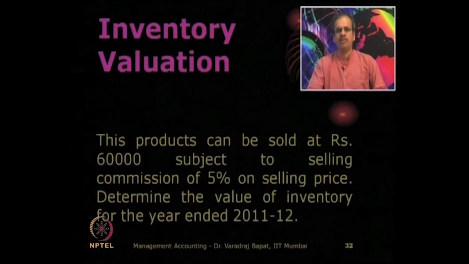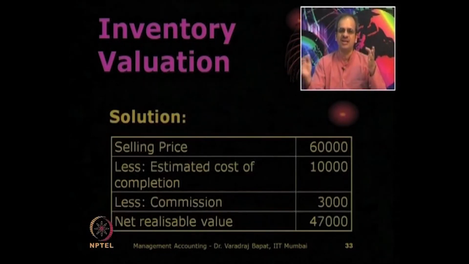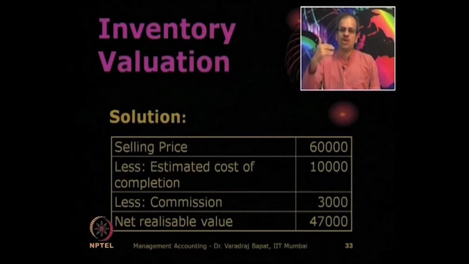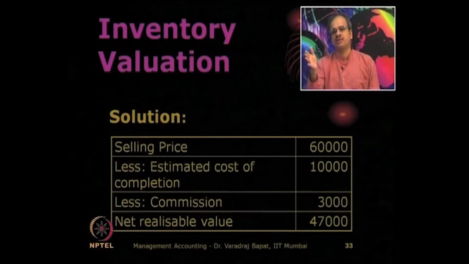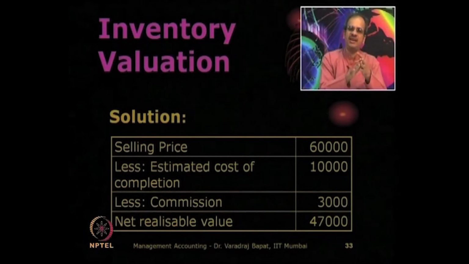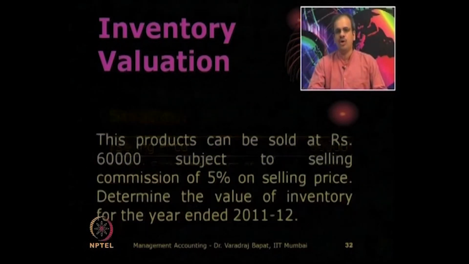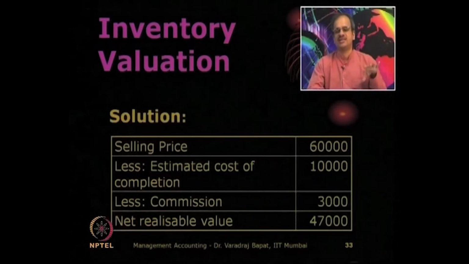It is given in the problem that the selling price is 60,000, but I have to incur 10,000 rupees as an extra cost to complete the product. So, 60 minus 10, and I also have to pay commission of 5% on the selling price.